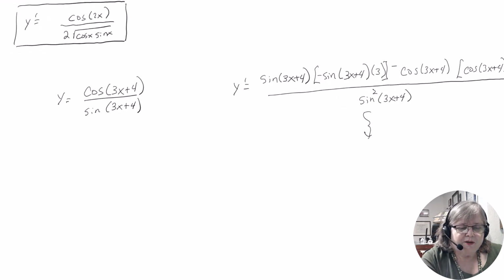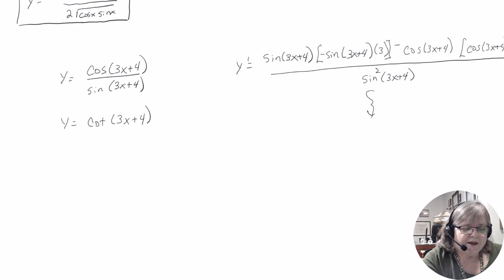Or you can notice that cosine of something over sine of the same thing is cotangent of that. And the derivative of cotangent is negative cosecant squared. Leave the inside alone.